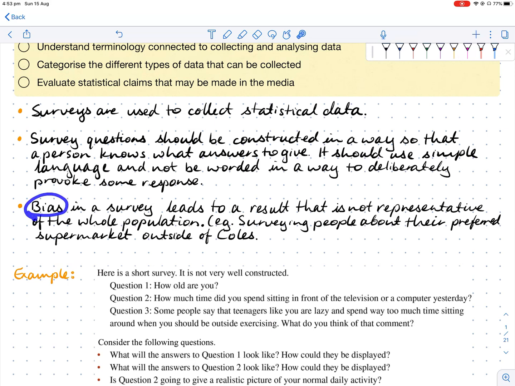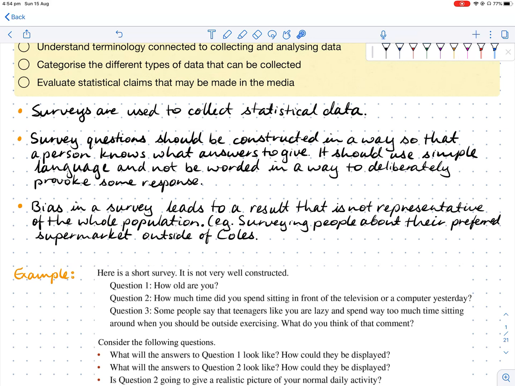We talk about bias in a survey, and that's when the result that we get is not representative of the whole population. So usually surveys are not done on every single person, it's on just a small group of people. We want to make sure that this survey is able to give a picture of what the whole representative population is like, what their opinions are.